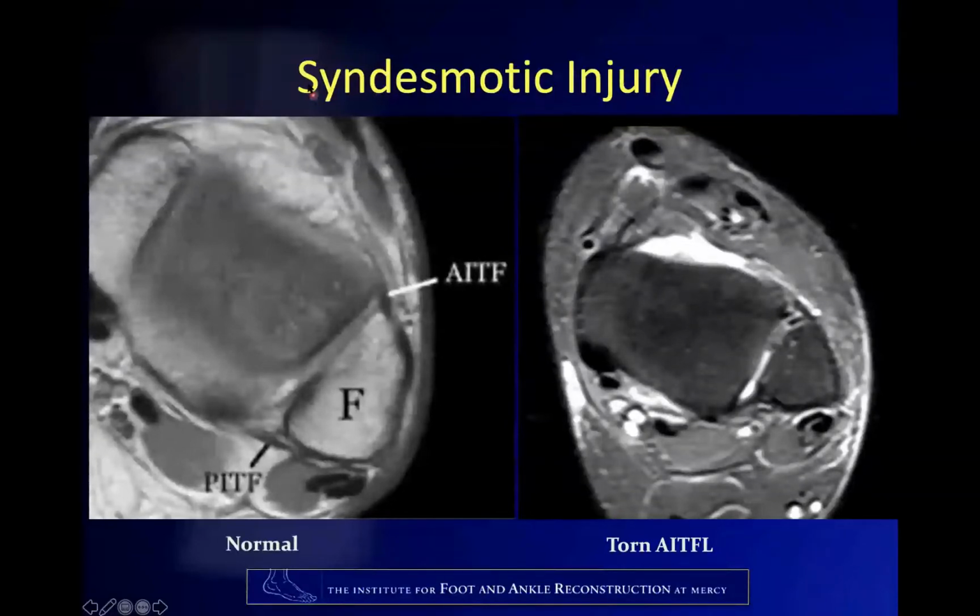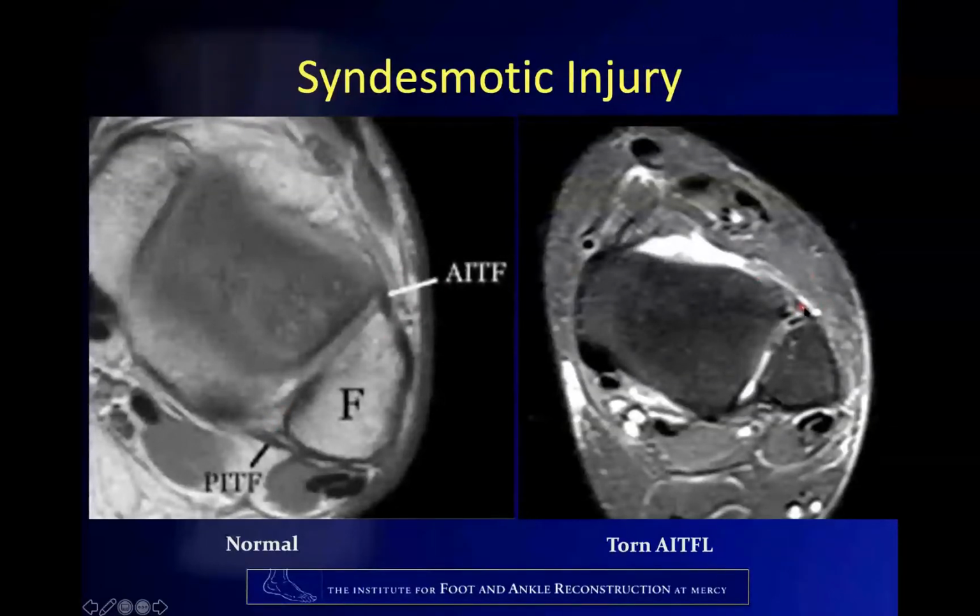Here we see a patient with the anterior tibiofibular ligament here, and the posterior tibiofibular ligament. These are the anterior and posterior most aspects of the syndesmotic ligaments.